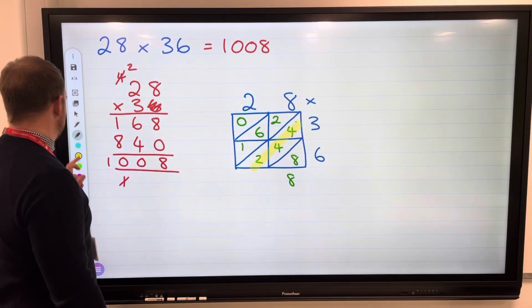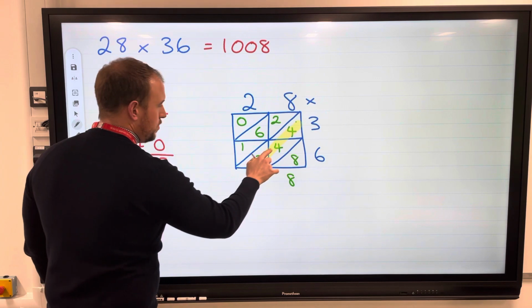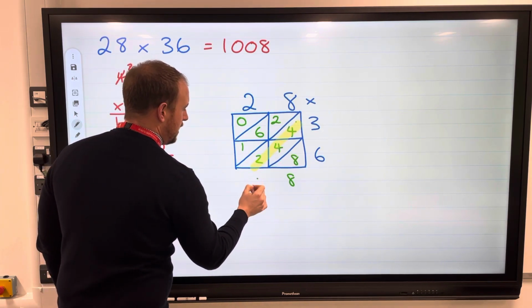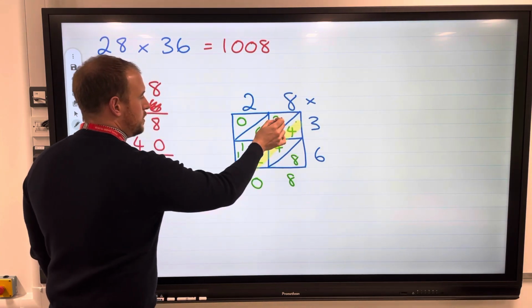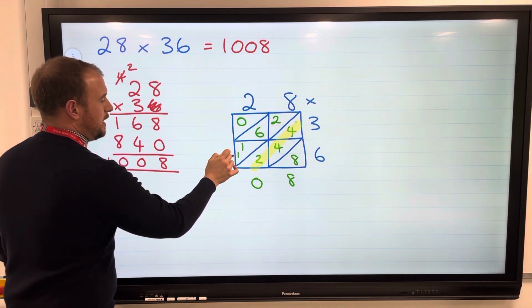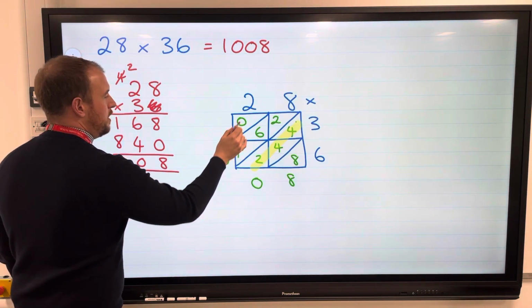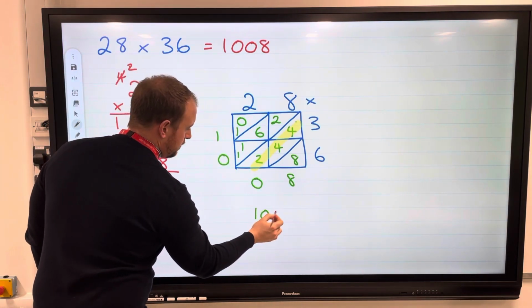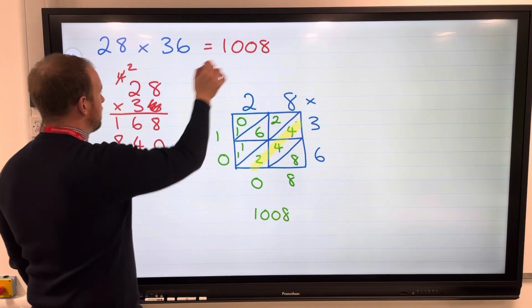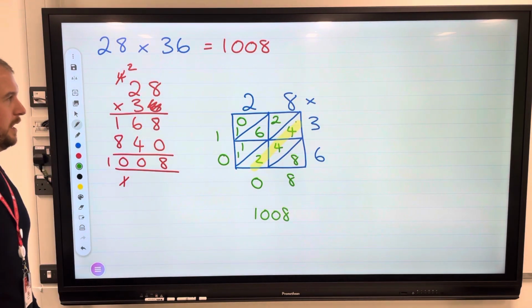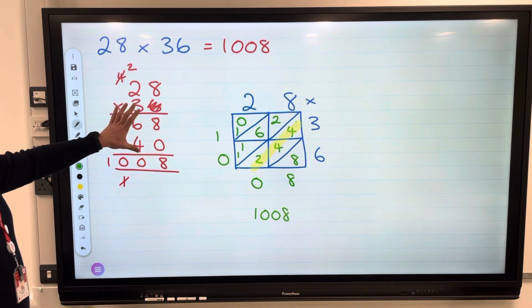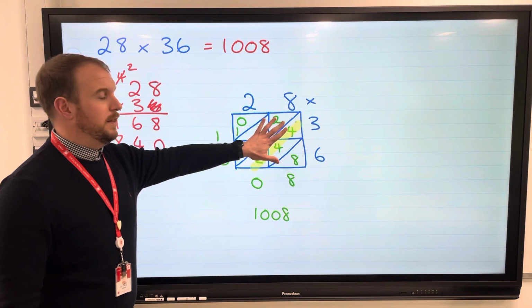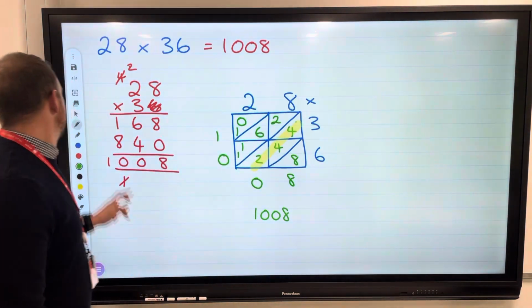I'm going to add those together. 2 add 4 is 6, add 4 is 10, 0 carry the 1. 2 add 6 is 8, 9, 10, 0 down carry the 1, and then the 1 there. 1, 0, 0, 8. We know that's correct because our first method had the same answer. So more of an old school method, and then a box and grid method.